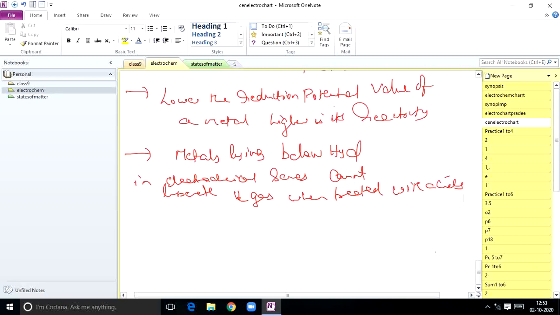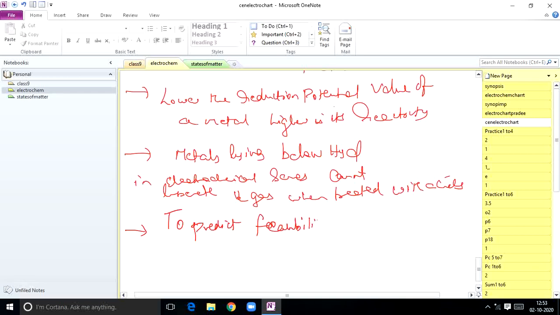So basing on that, you can say, next application: to predict the feasibility or spontaneity of a redox reaction.